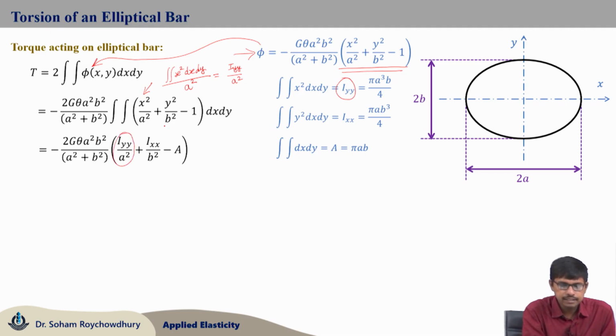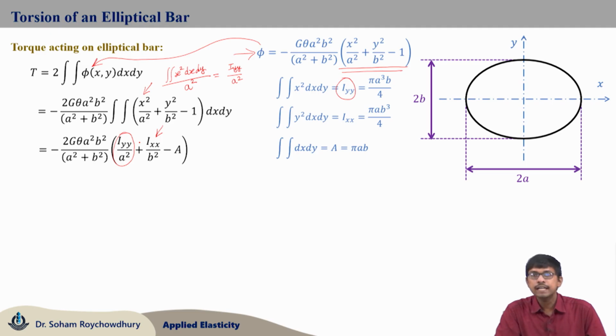Similarly, the second term, the area integral of y square dx dy, will be I xx, divided by b square, and the last term is the area integral of dx dy, which is the total area. So, we can remove the integral and write this T as the constant times I yy by a square plus I xx by b square minus A.